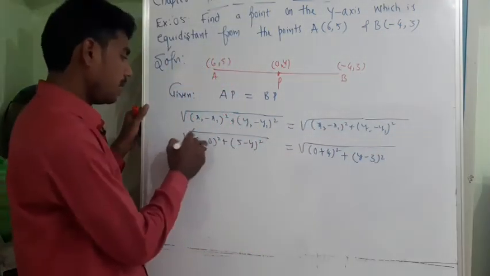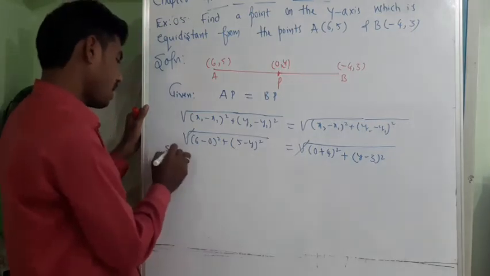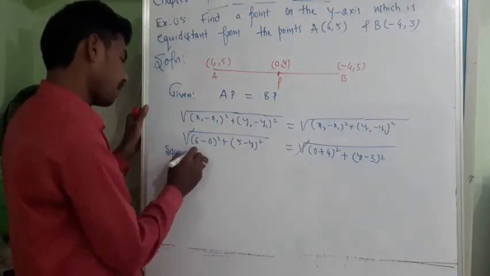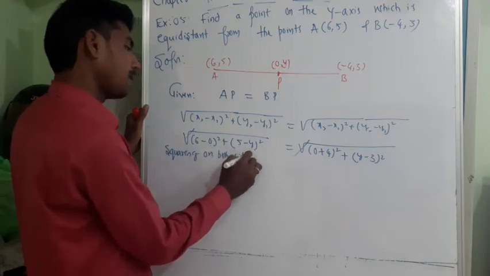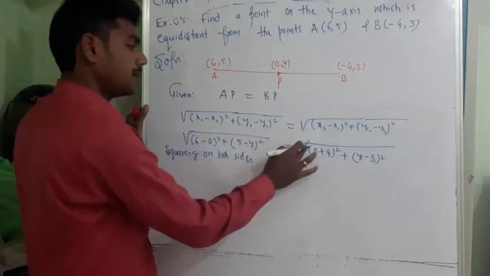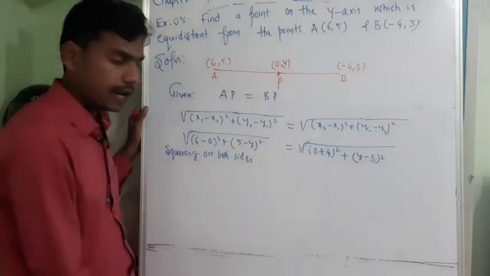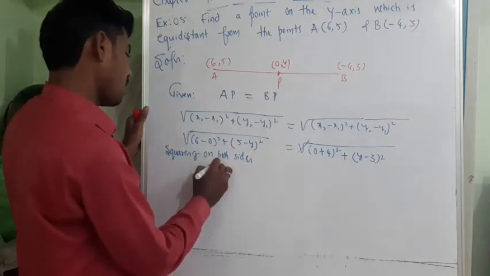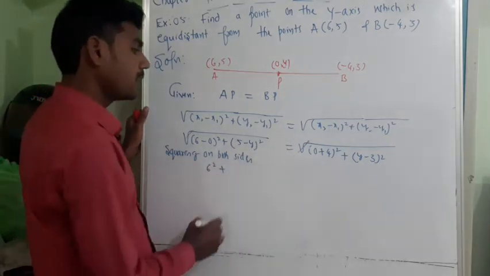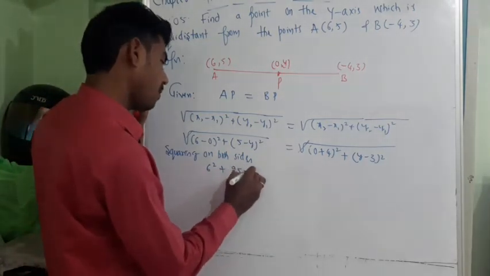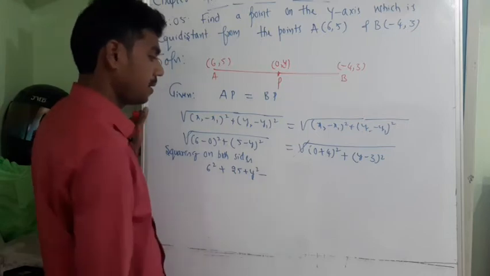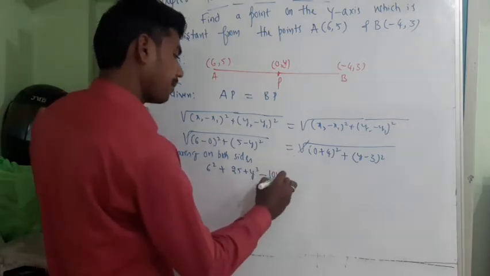Squaring on both sides, the square and square root will get cancelled. So I'll get 6 square plus (5 minus y) whole square. How can I expand it? 5 square is 25, plus y square minus 2 5s are 10, 10y.